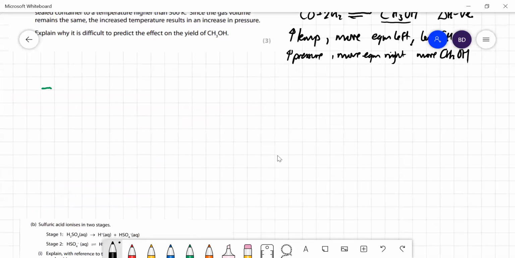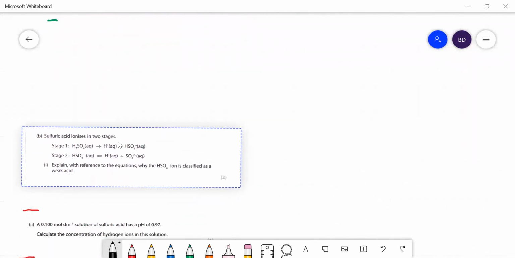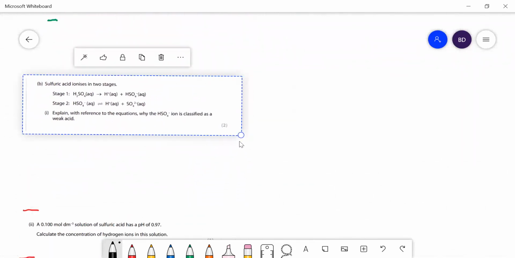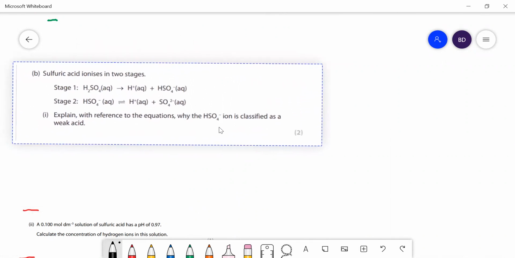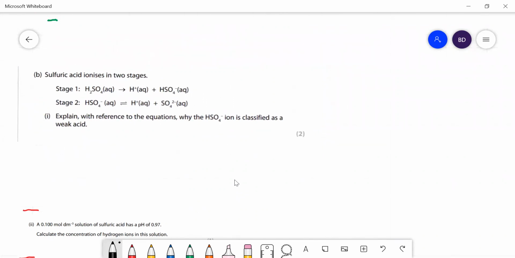A bit of space here. All right, okay. Sulfuric acid ionizes in two stages. Explain with reference to the equations why this is a weak acid. Right, so with the equations, they've given a normal arrow for that one, so that's not an equilibrium reaction. That goes to completion, so that is a strong acid.